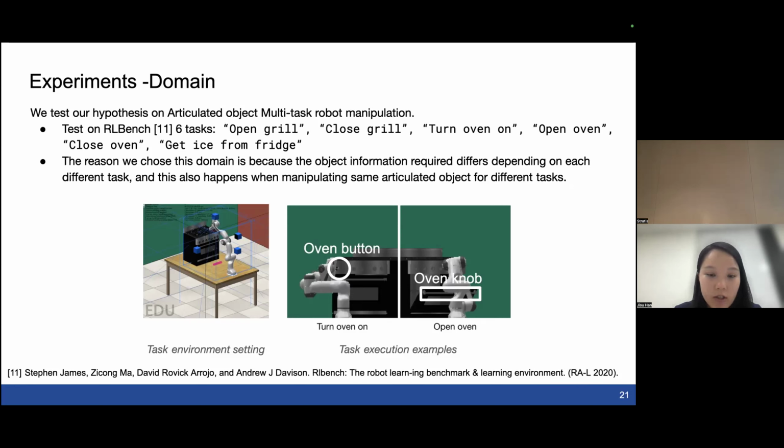As you can see on the right figure, for the robot to execute turn oven on or open oven, they try to focus on different points, which would be the oven button or the oven door. And we wanted to check whether the robot focuses on these different points depending on the different tasks.